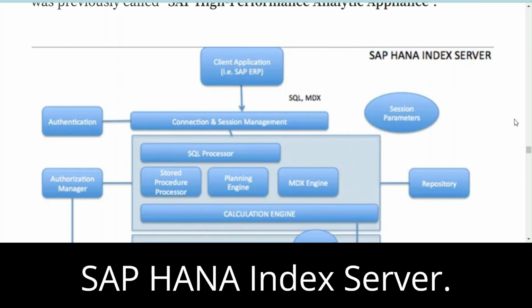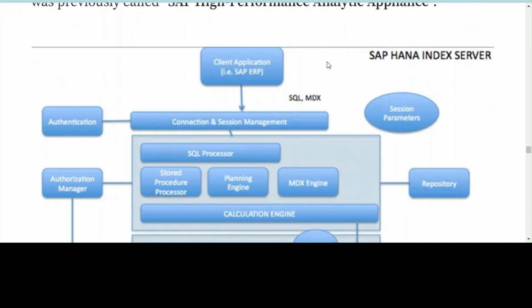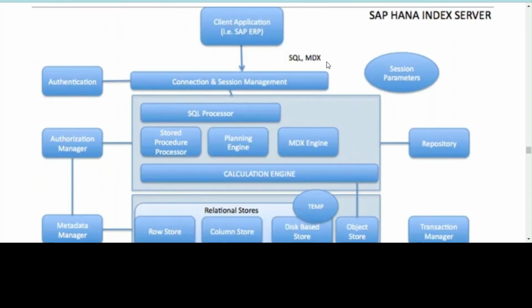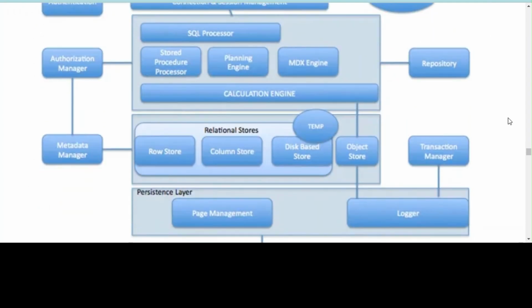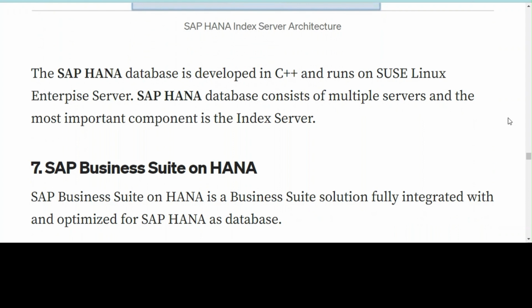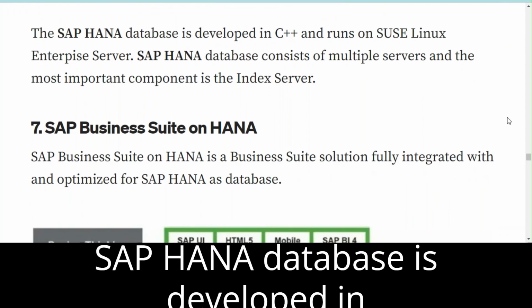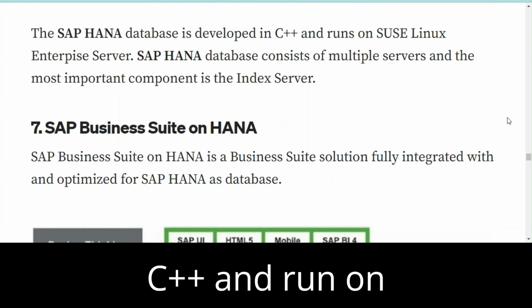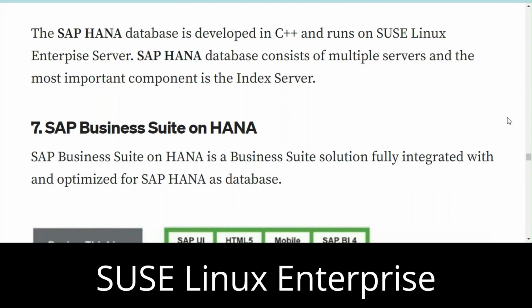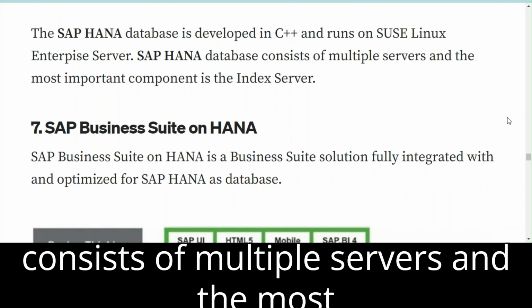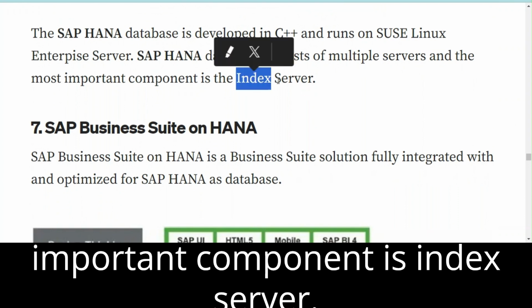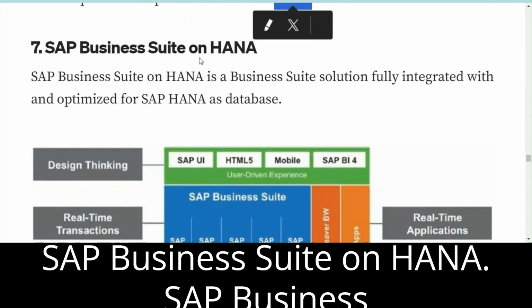SAP HANA Index Server. The SAP HANA database is developed in C++ and runs on SUSE Linux Enterprise Server. The SAP HANA database consists of multiple servers, and the most important component is the index server. SAP Business Suite on HANA.